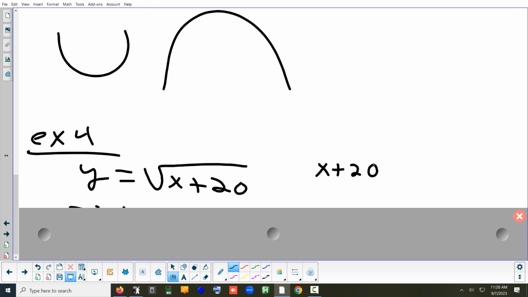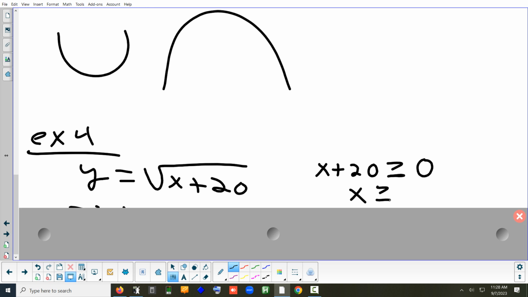So if it's never a negative, then what do you want it to be? Positive. Or zero. Zero is fine. So we always want to make sure that that is greater than or equal to the number 0. We never want x plus 20 to come out to be negative. So what does that mean we want x to always be? Negative 19.